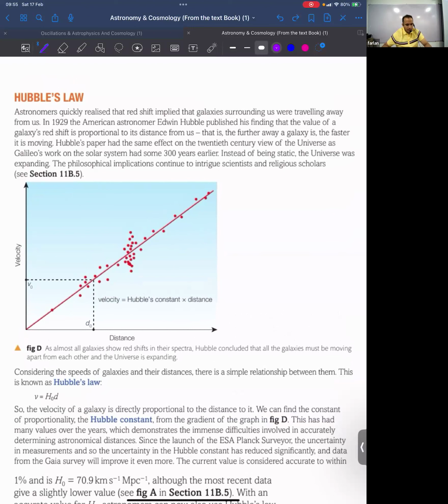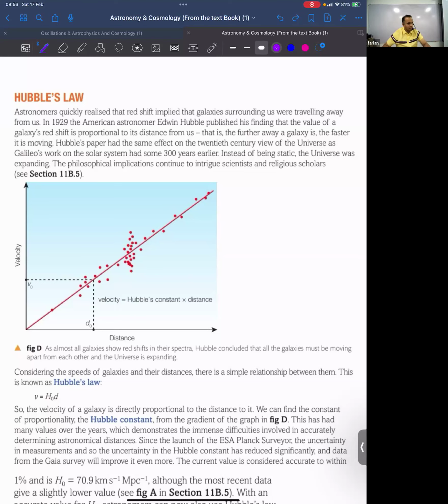Higher the distance, higher will be the redshift. That is, the further away a galaxy is, the faster it is moving. Hubble's paper had the same effect on the 20th century view of the universe as Galileo's work on the solar system had some 300 years earlier. Instead of being static, the universe was expanding.